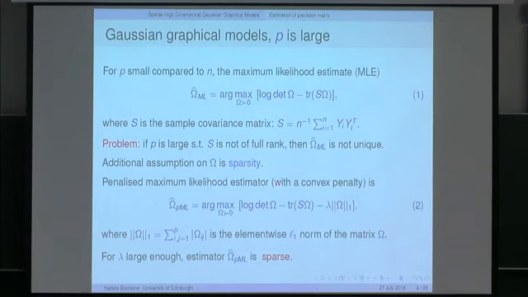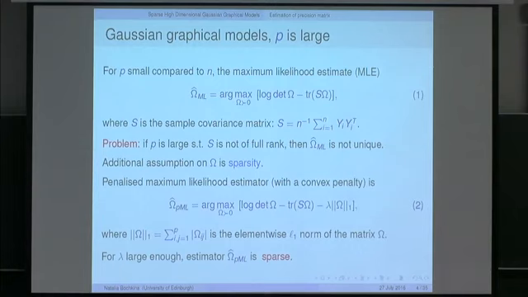The standard assumption is sparsity of some sort: most of the entries are 0, at least fewer than p squared in order. Usually the ideal penalty one would want to use is, of course, the L0 norm of omega, the number of non-zero elements, but that's computationally difficult, so usually a convex relaxation of that is used, which is the L1 penalty, a generalization of the lasso approach, where this is just the sum of the absolute values.